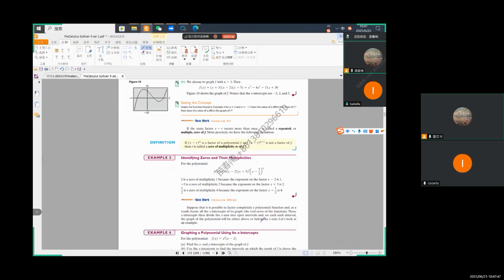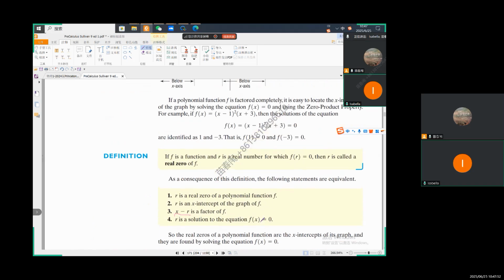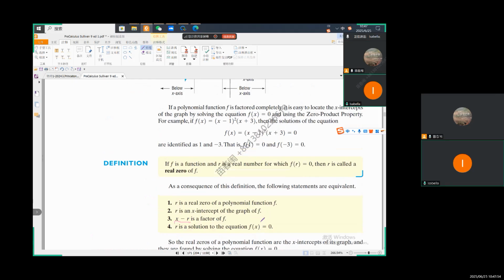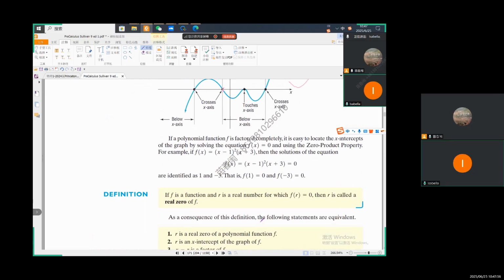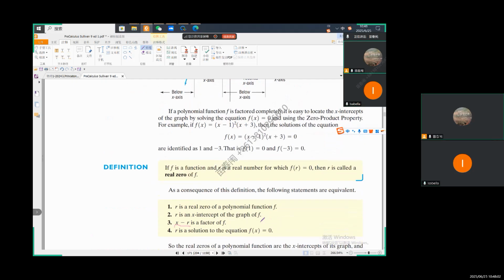Can you define zero of multiplicity again? Because I think it's said in a fancy way. Oh, we're gonna get there. The textbook is gonna lead there. But then why zero of multiplicity before the real zero thing? Well, this is just the real zero definition.